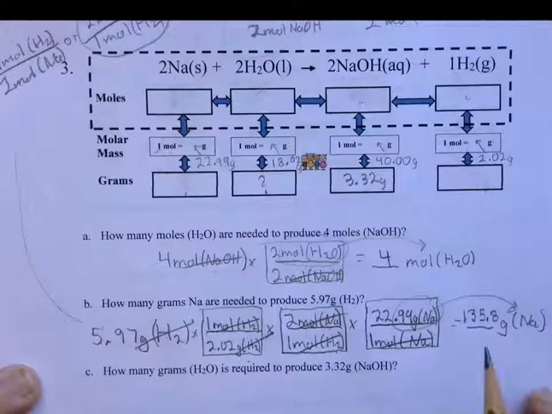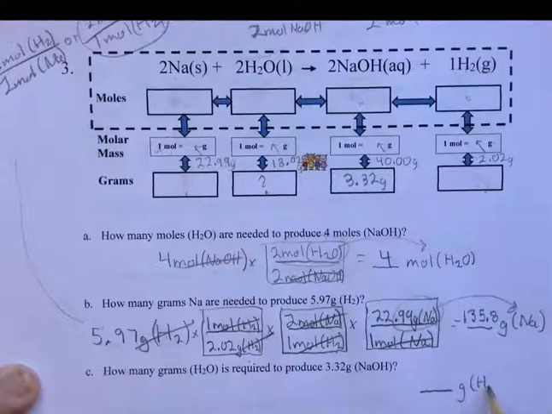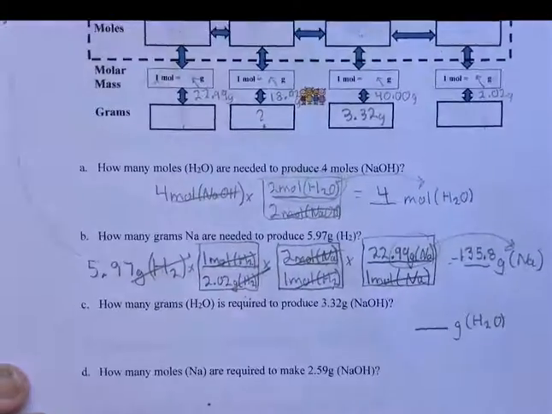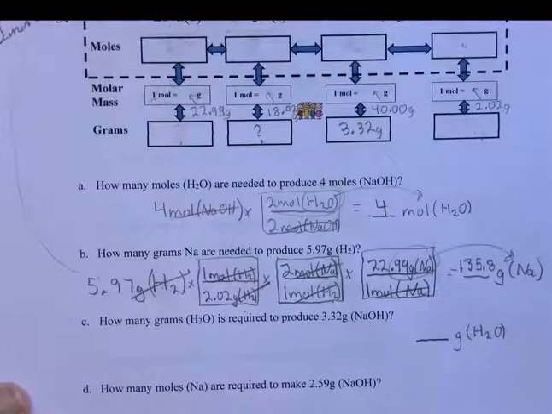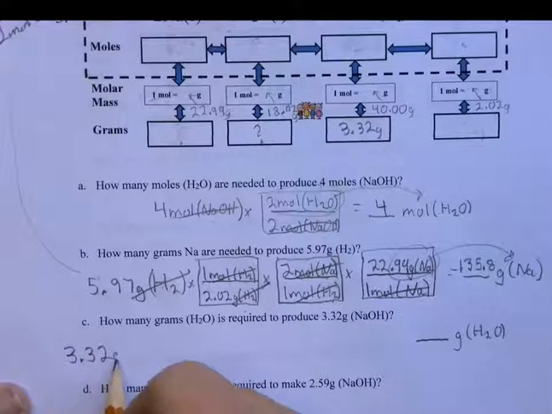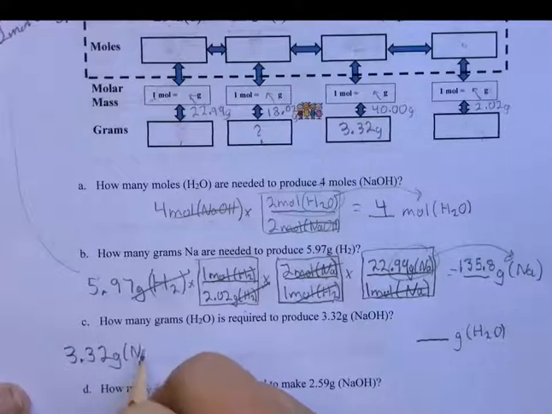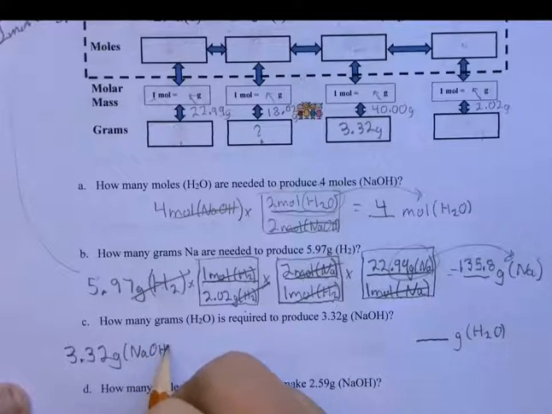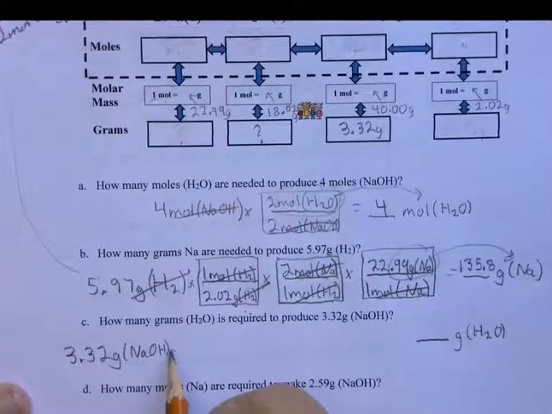All right, so let's go ahead and write way over here on the right is our question mark. It's grams of H2O. And way over here on the left, and let me try to keep it on screen, I'm going to have to move the paper up and down. Way over here on the left is going to be 3.32 grams of NaOH. Okay, and then I'm going to draw my boxes.